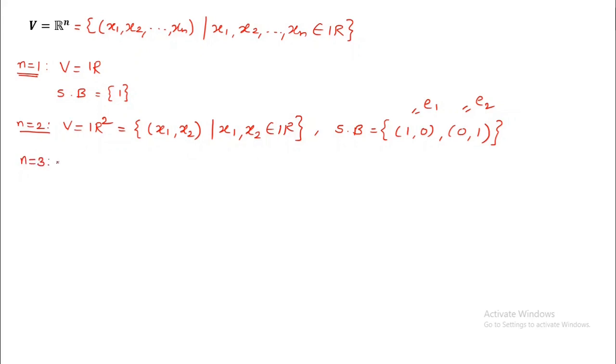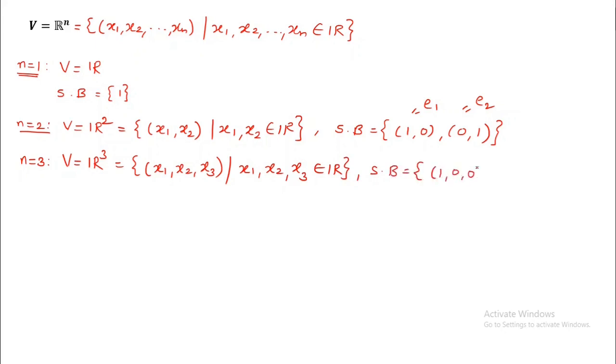Now for n is equal to 3, our vector space will be R3, which will be equal to the collection of x1, x2, x3 such that x1, x2, x3 belongs to R. In this case, our standard basis is (1, 0, 0) comma (0, 1, 0) comma (0, 0, 1).